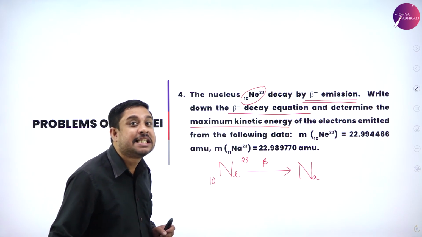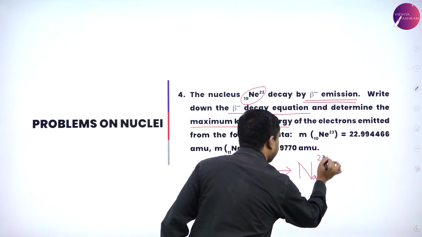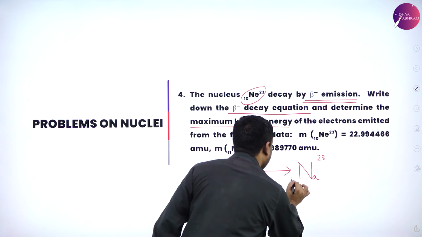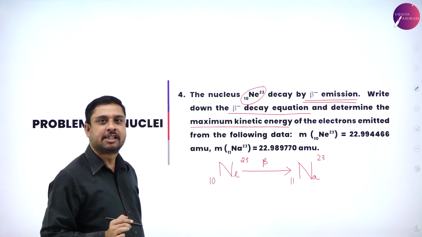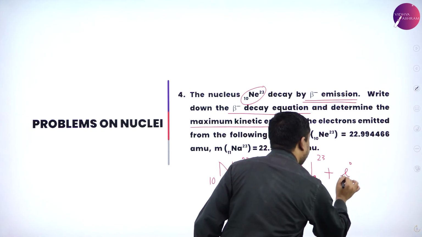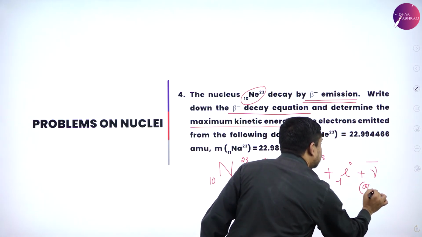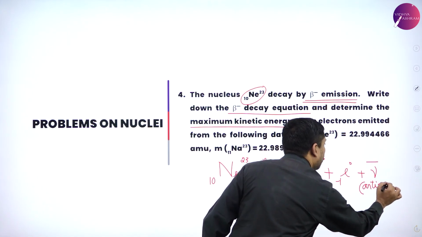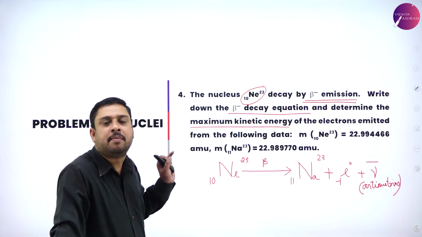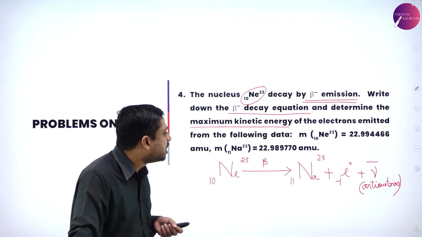Soddy's group displacement law for beta decay. Mass number remains the same. Since it is beta minus, atomic number increases by 1 unit, plus electron is emitted and something called anti-neutrino. So the first part of the problem is solved. I have written the beta decay equation.